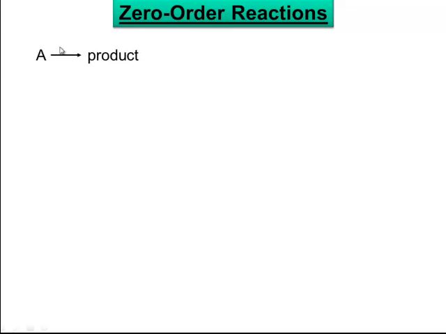So if we consider reaction A giving you products, then a zero order reaction rate law expression will be rate equal to K into A raised to 0. Since A raised to 0 is 1, we can represent it as K. So rate of the reaction is equal to a constant quantity and does not change with the concentration of the reactant.